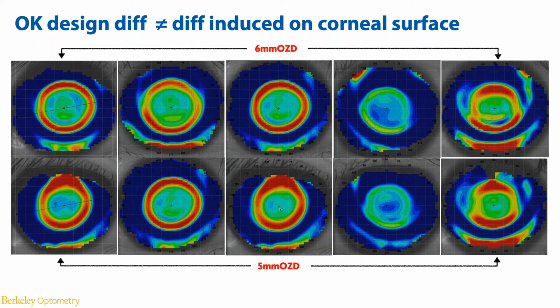By switching them into a 5mm lens without washout, they actually created better flattening in the very center of the cornea. So this has been my number one indication of using the 5mm OZ for troubleshooting, which is minimizing the chance of having that hydraulic pressure not transferred as effectively into the center of the cornea in the larger OZ.